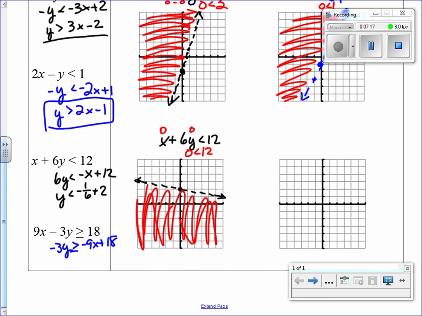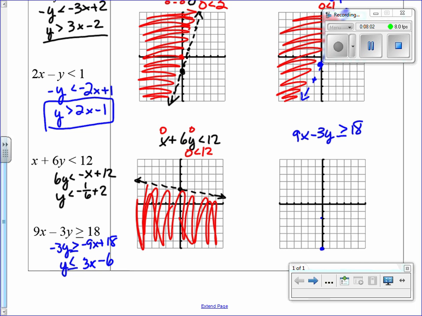Divide by negative 3, so I have y less than or equal to 3x, and because I'm dividing by negative 3, it would be minus 6. So that's my y-intercept, negative 6. See how we have to put it into slope-intercept form. My original inequality was 9x minus 3y greater than or equal to 18.